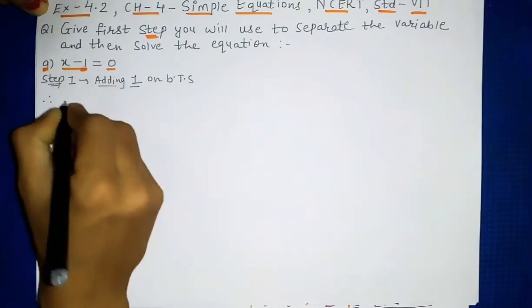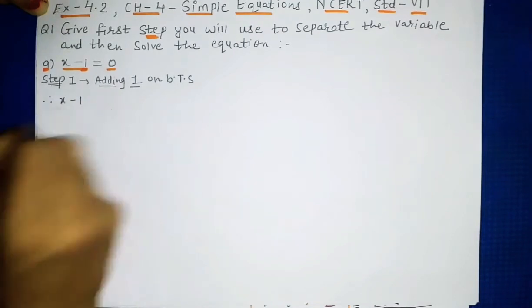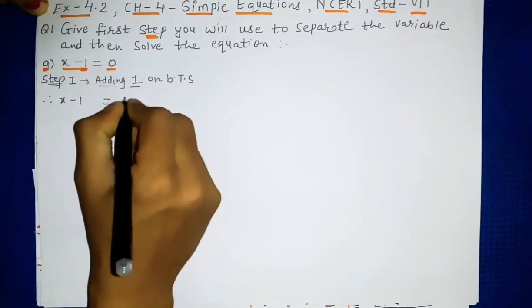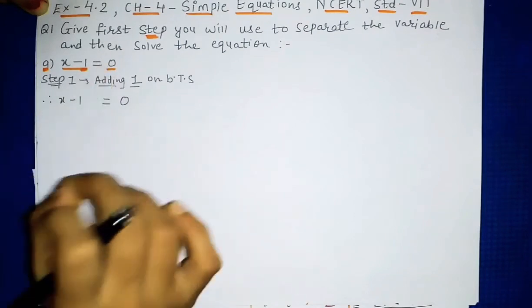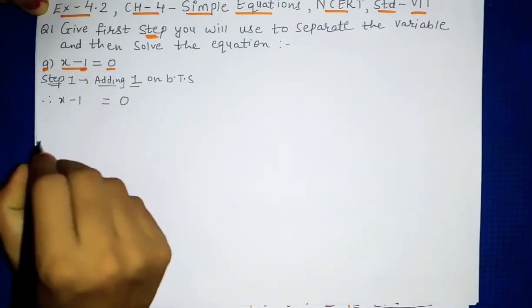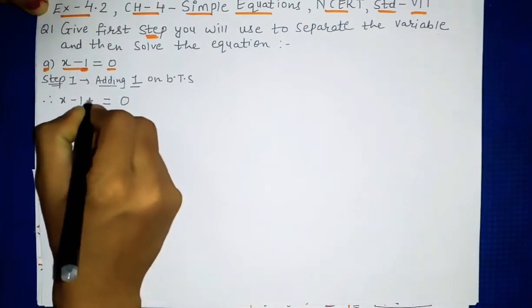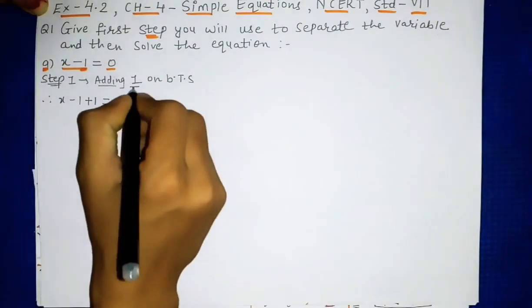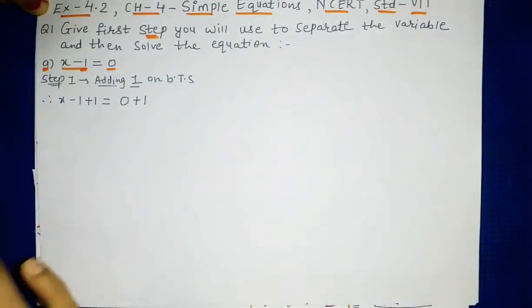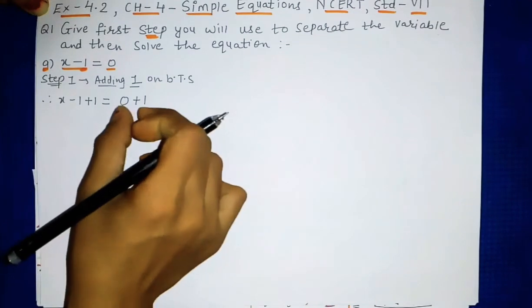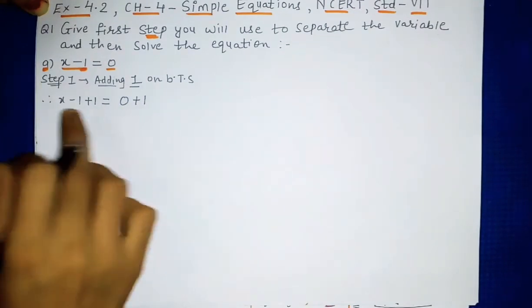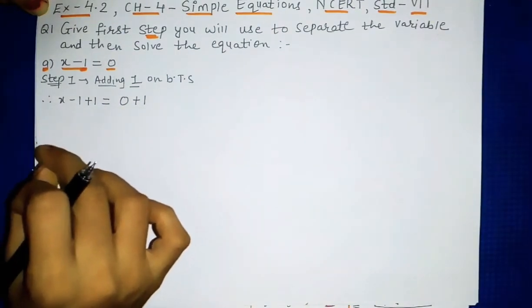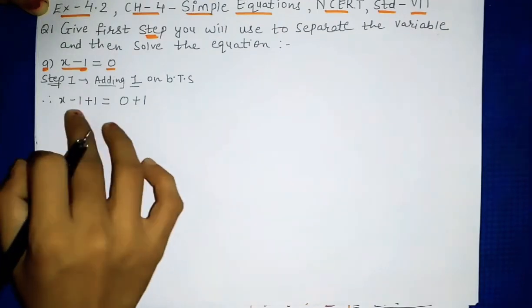Now our equation is x minus 1 equal to 0. This is our equation in the question. Now we are doing plus 1 on both the sides. So here we will write plus 1 and here also plus 1. Here you can get any number, any answer, but on this side only the variable should be left at the end. That is why we are removing the terms one by one.